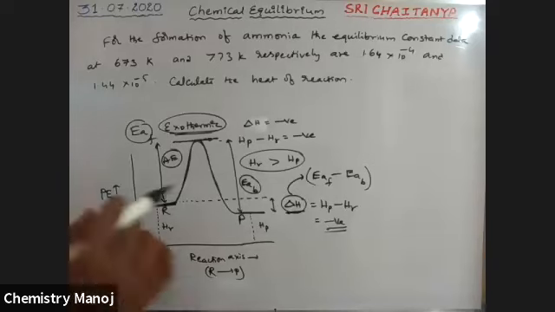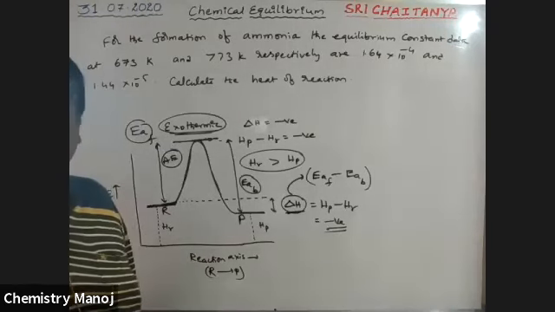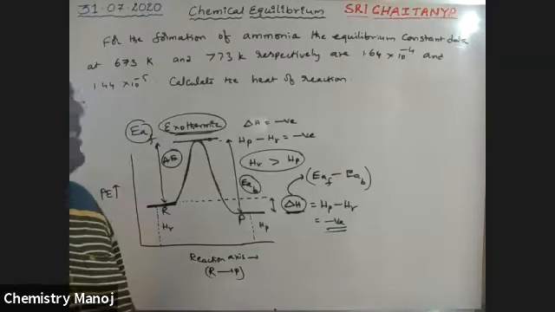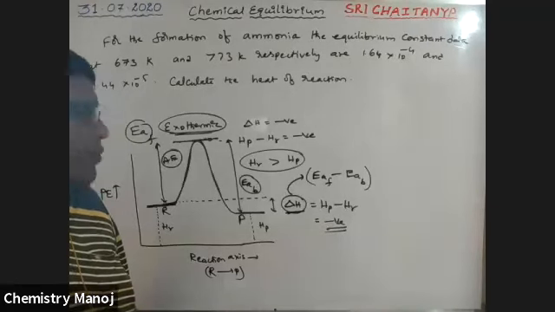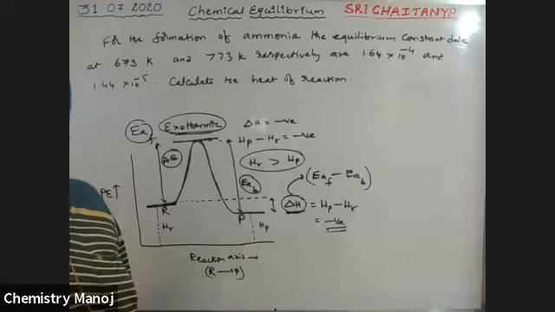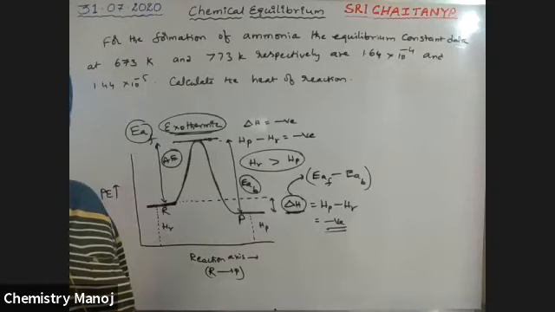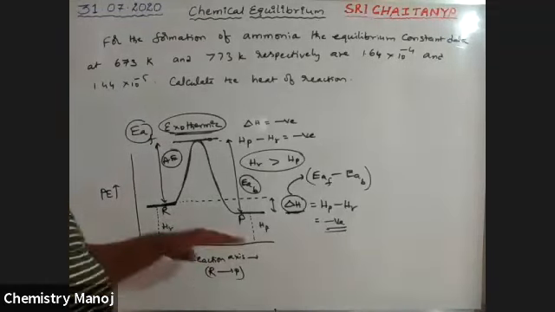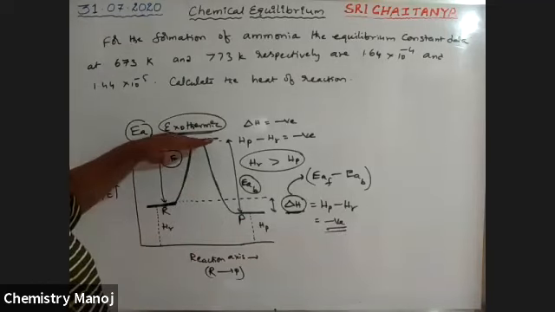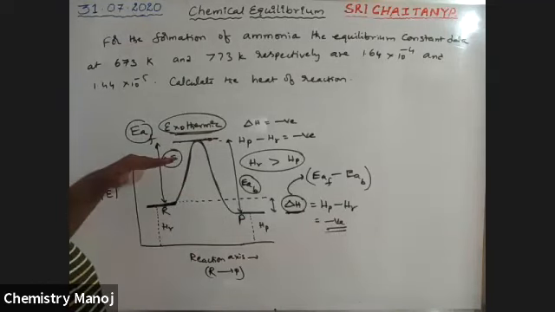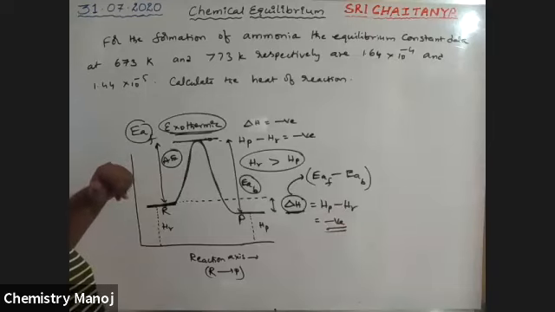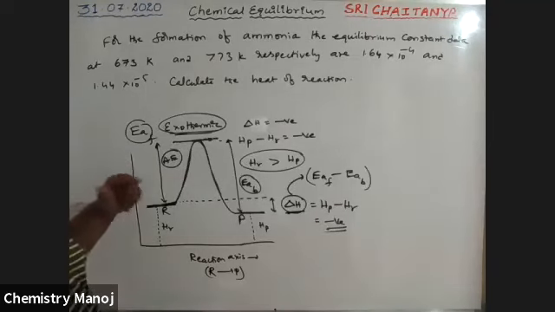I will explain this concept at the time of chemical kinetics, but in some problems activation energies are also used, so I am explaining it once again here. Did you catch my point? Activation energy is the energy required by the reactant to cross the energy barrier. It is very, very important.